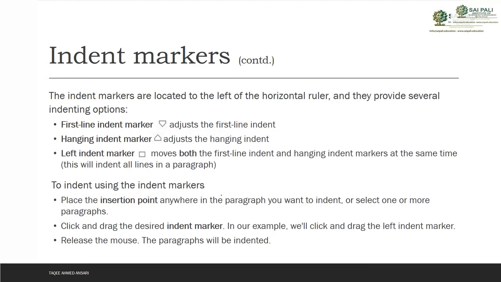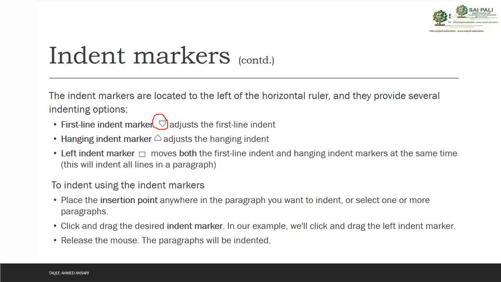Now the indent markers are located at the left of the horizontal ruler, and they provide several indent options. The first line indent marker is this one, and it adjusts the first line indent, it moves the first line.